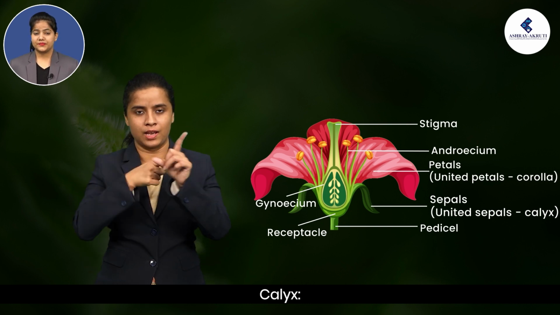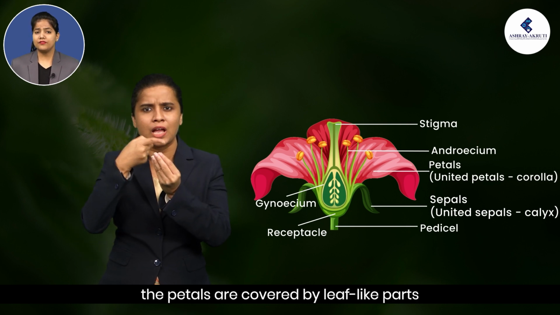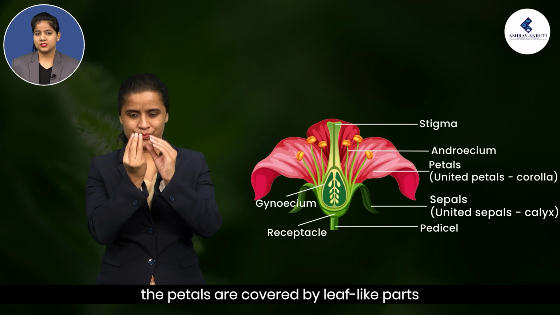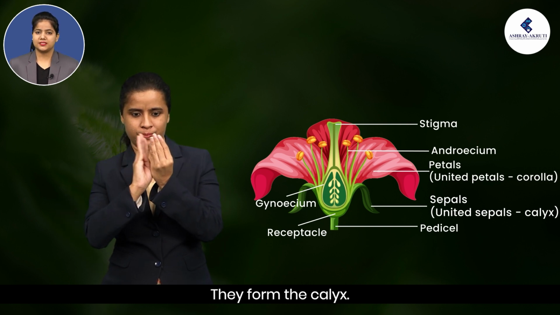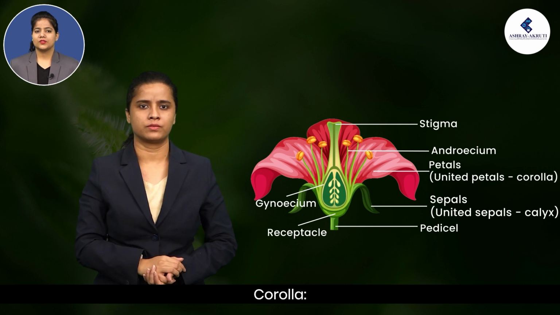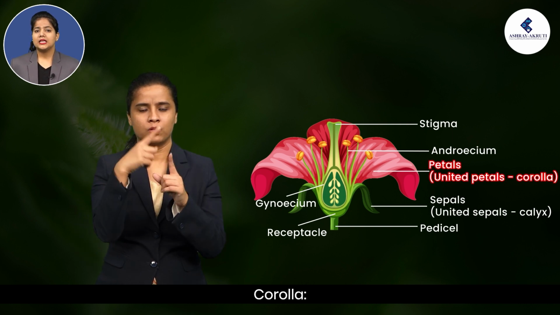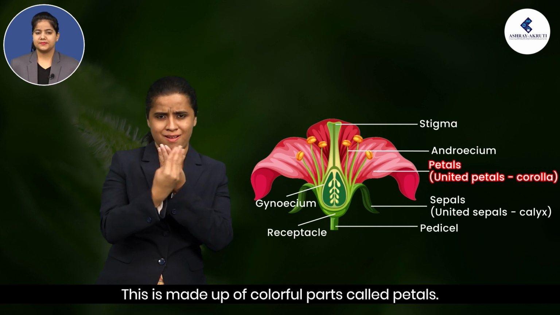Calyx. In the bud condition, the petals are covered by leaf-like parts called green sepals. They form the calyx. Corolla. This is made up of colorful parts called petals.